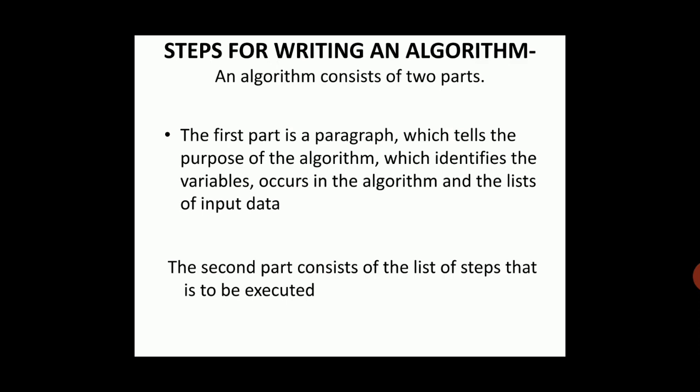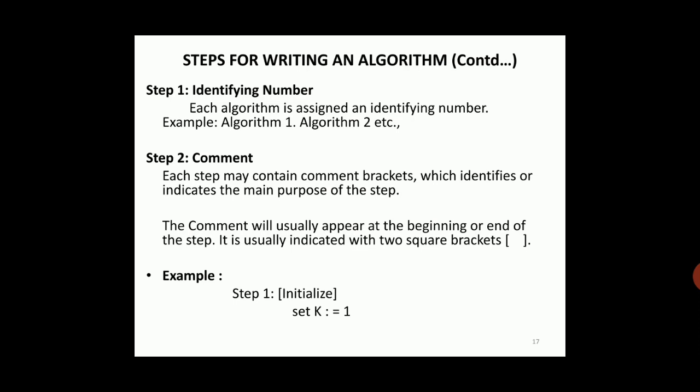And the second part consists of the list of steps, listing the steps to execute and find your solution. Okay, these are the major steps to write an algorithm, and we discuss the step by step procedure to write your algorithm.